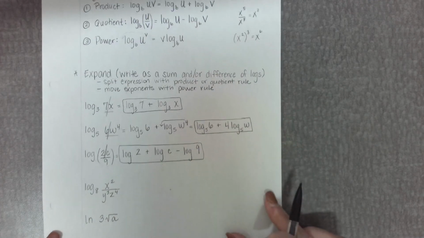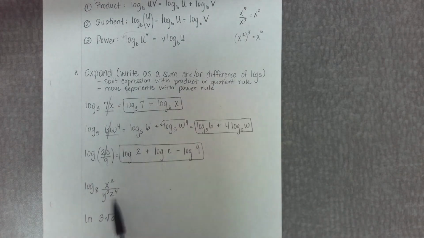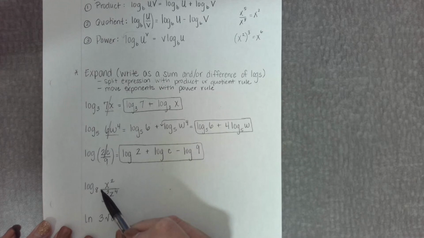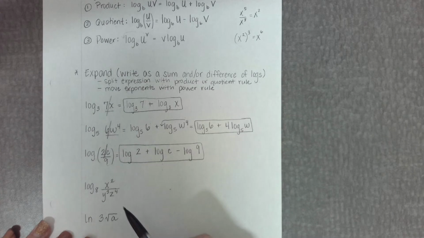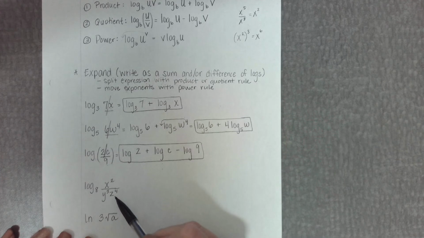Okay, next example, same type scenario, but the product's on the bottom. All right, so we have a quotient here. We're dividing by y cubed and we're dividing by z to the fourth. There's a couple ways to think of this, and so to avoid some confusion, I'm going to do it in 2 steps here. Some people may look at this and think of it as I'm dividing by y and I'm dividing by z.